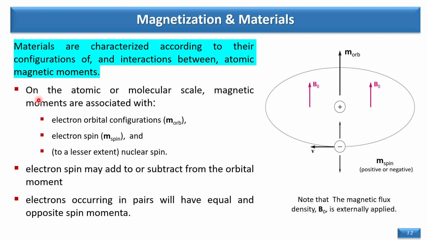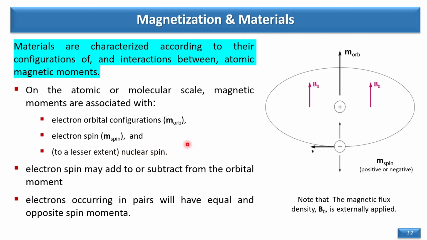As I said earlier, on the atomic molecular scale, electron orbital configuration has its own moment, spinning has its own moment, and nuclear spin also has its moment.